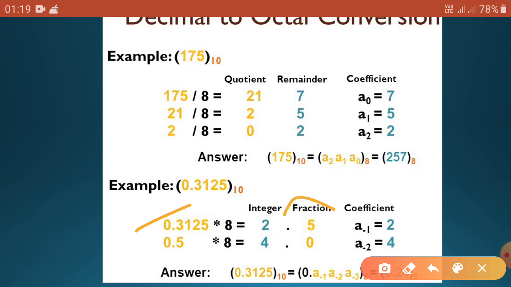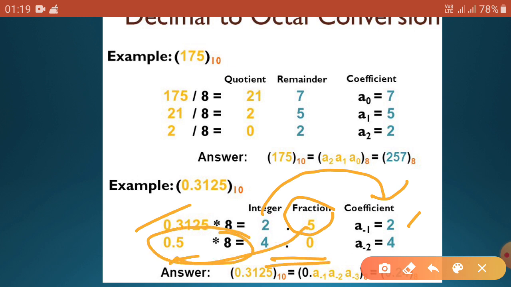So 0.5 is the fraction, and we collect the integer under the coefficient, that is 2. Again we multiply the fraction: 0.5 times 8 gives us 4.0. So the fraction part is 0 and the integer part is 4. We collect the integer part, that is 4, and we stop here because the fraction is 0.